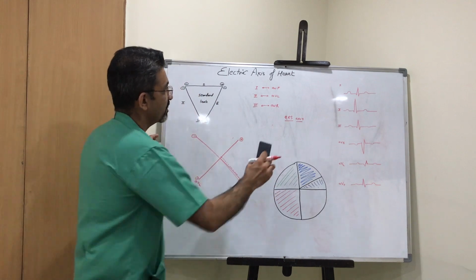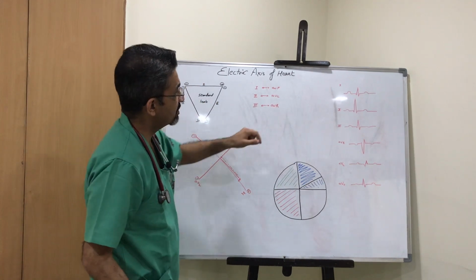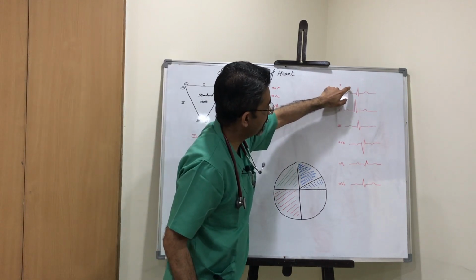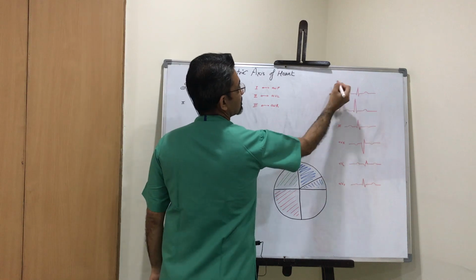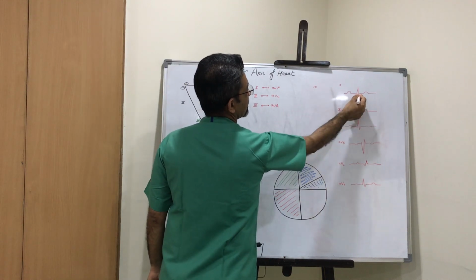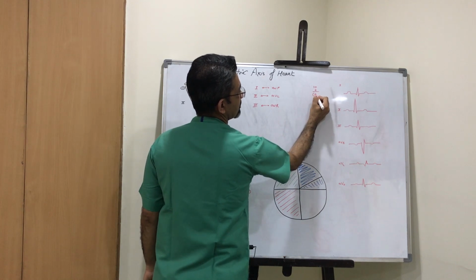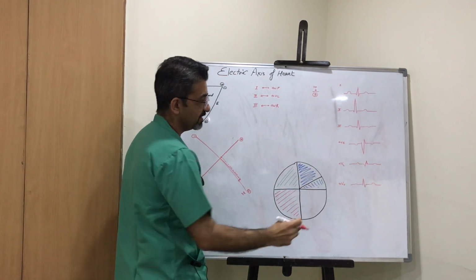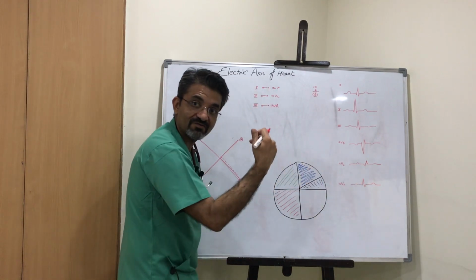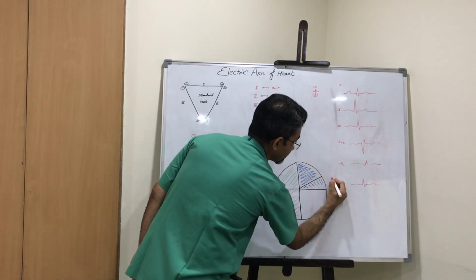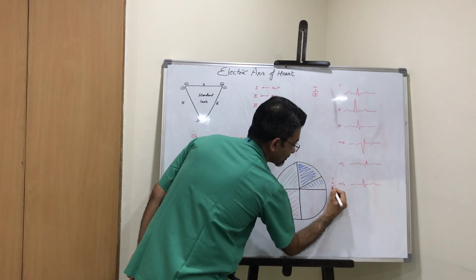So the third way of finding a QRS axis is that I see, suppose, lead 1 and lead AVF. In lead 1 I have a positive component of 10, negative component of 2, so the net component is 8. In lead AVF I have a positive component of 7, negative component of 2, so it is 5.